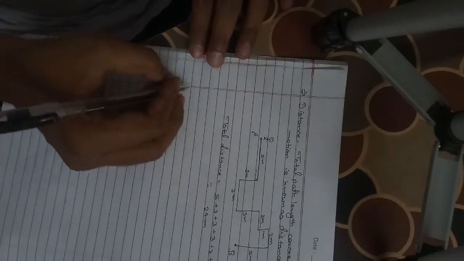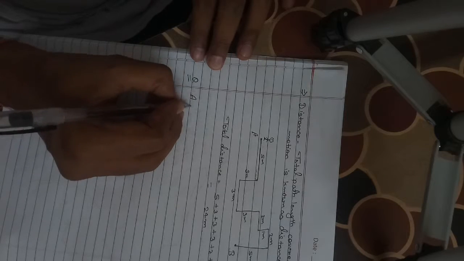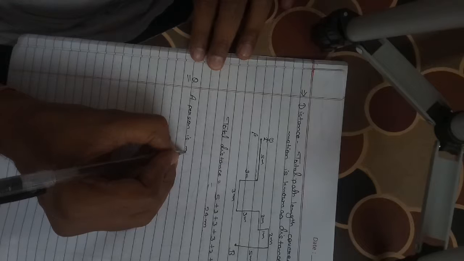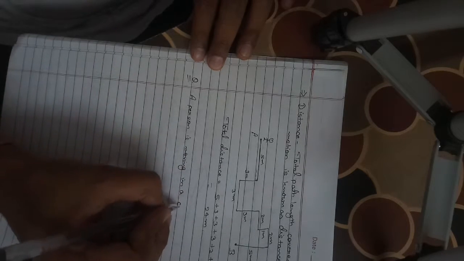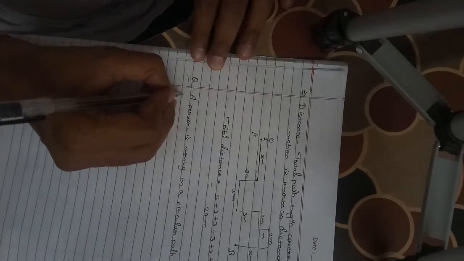Let's take another example. A person is moving in a circular path of radius 7 meter.